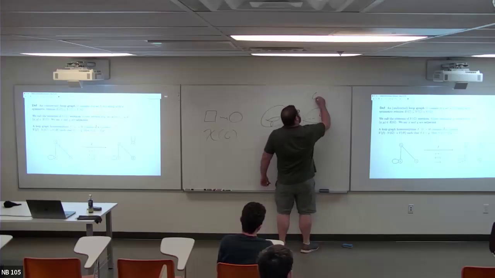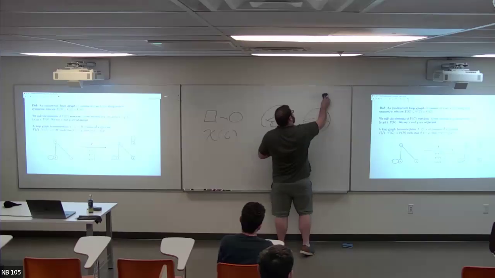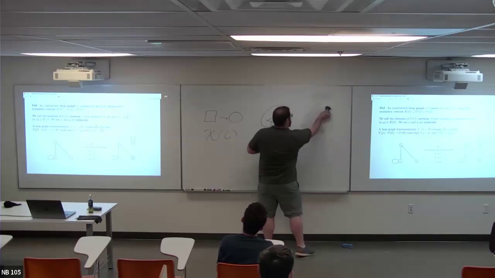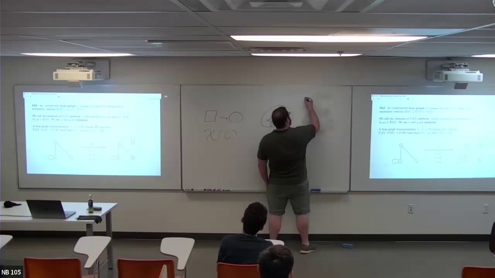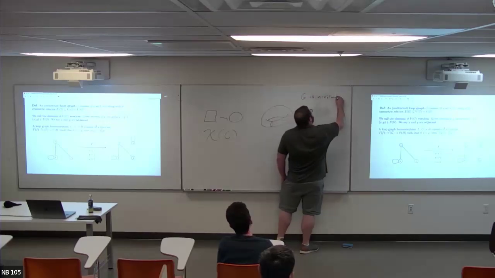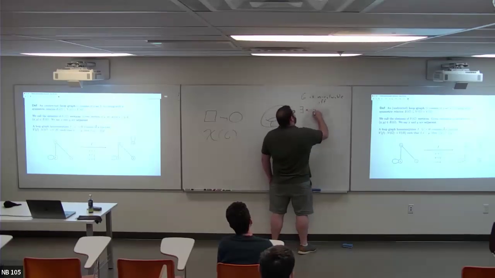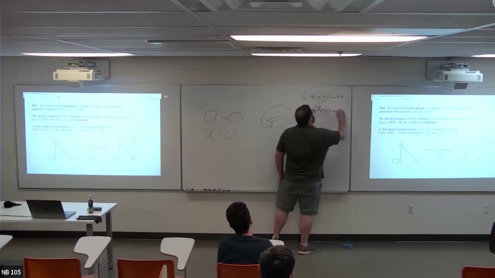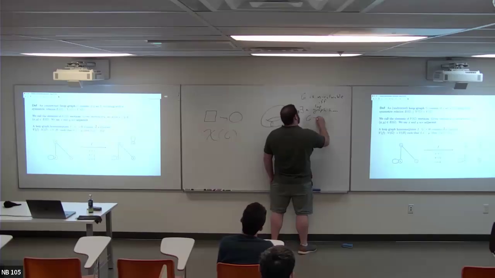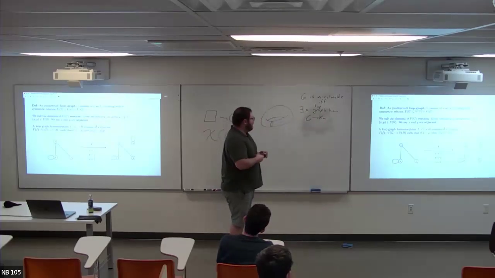The motivation is that a coloring: G is n-colorable if and only if there exists a loop graph homomorphism from G to the complete graph on n vertices.